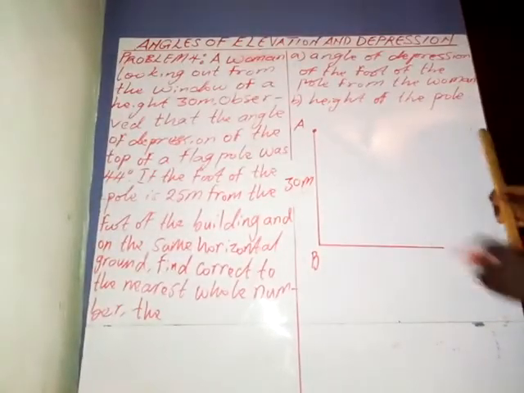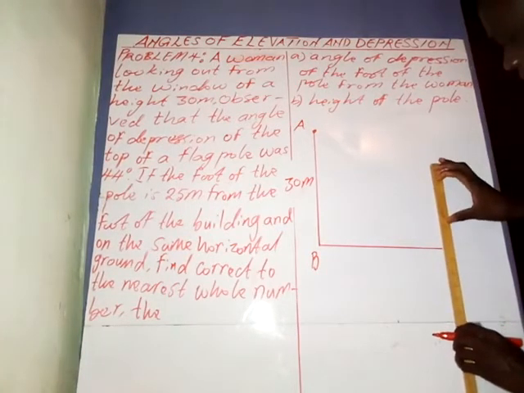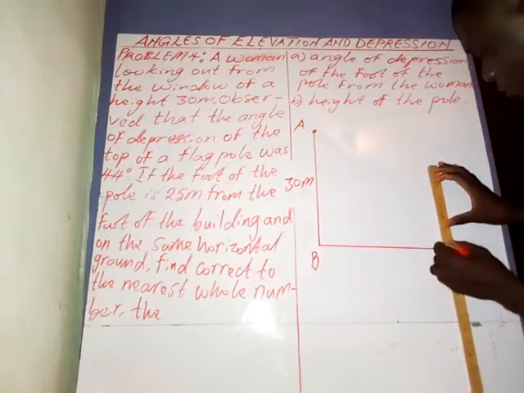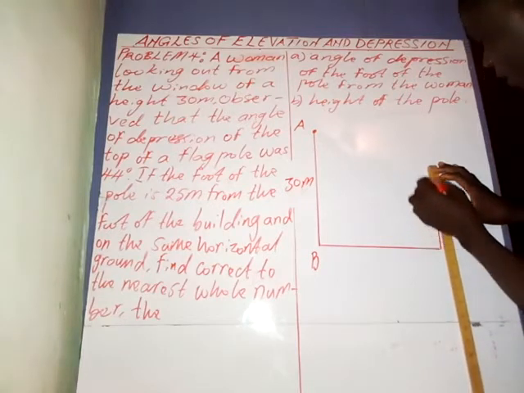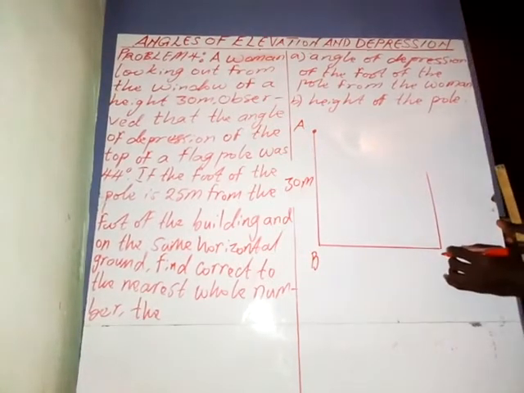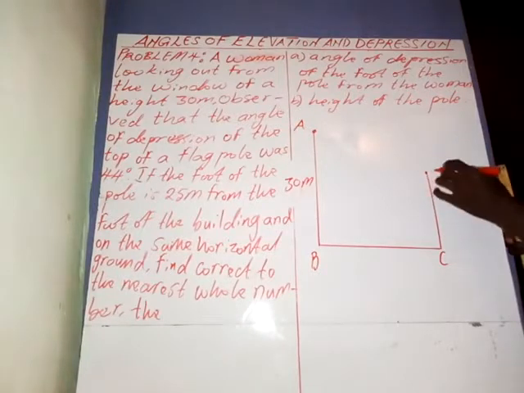Then we have the flagpole standing opposite the building. The flagpole is not as high as the building, because the woman is looking at the top of the flagpole. So I will call the foot of the flagpole C, and the top of the flagpole, I will call it D.